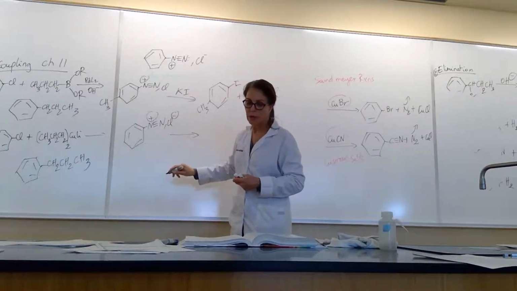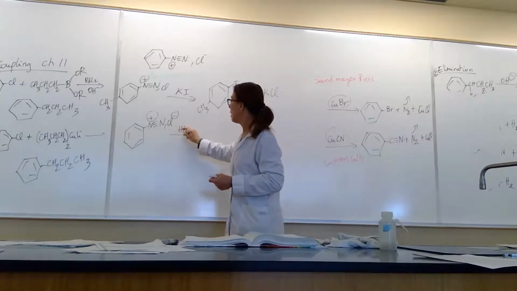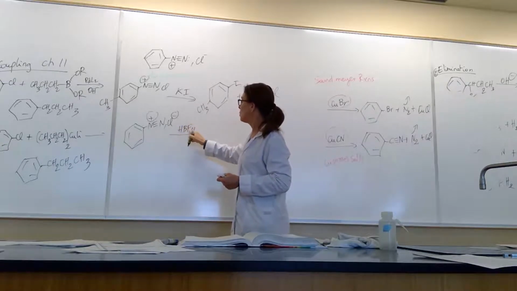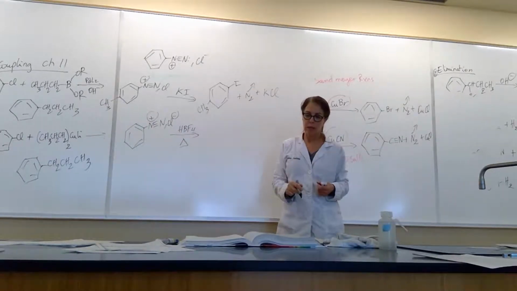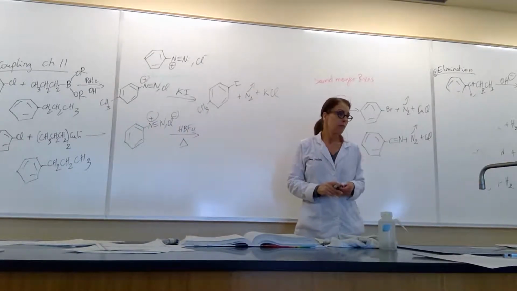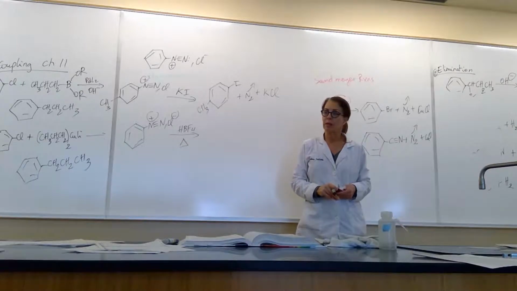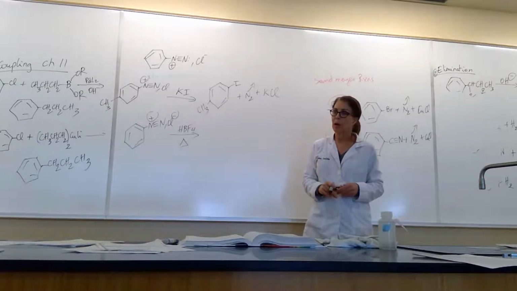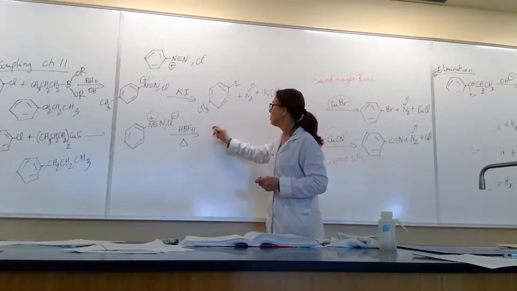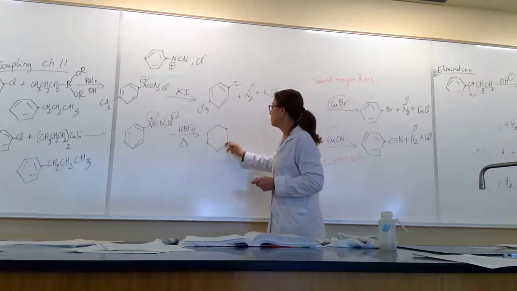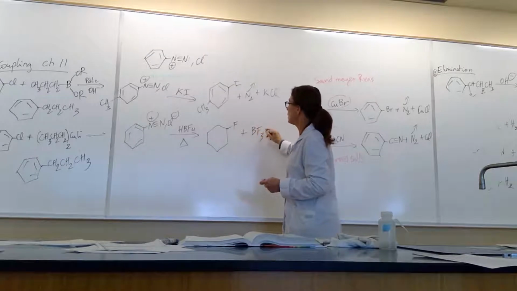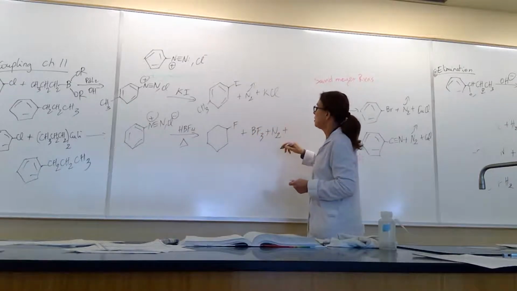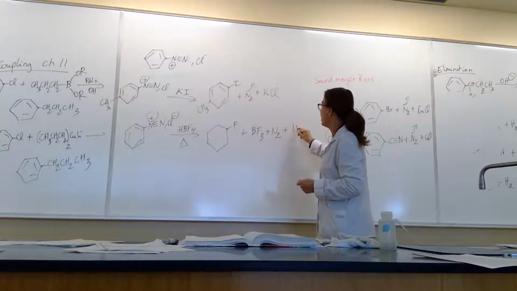So here, if you use HBF4, which is a Lewis acid, but it has too many atoms, okay? So it's H plus and BF4 minus, or something like that. You're going to end up with fluorination plus BF3 plus N2 plus HCl.